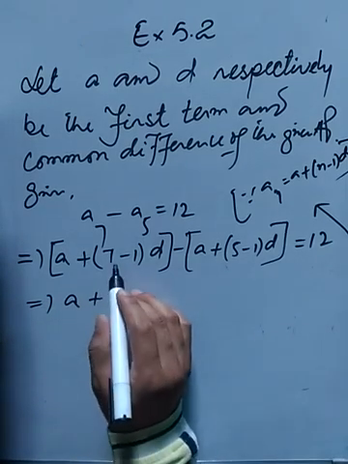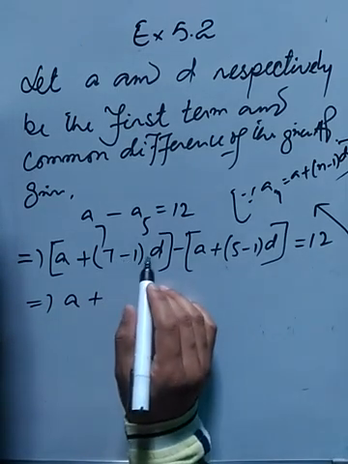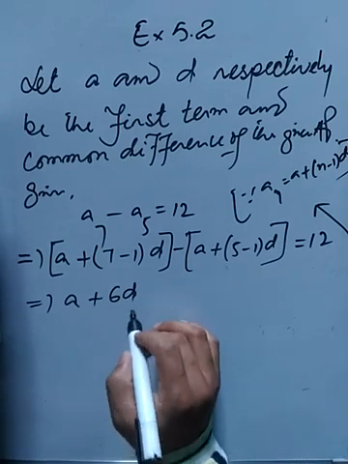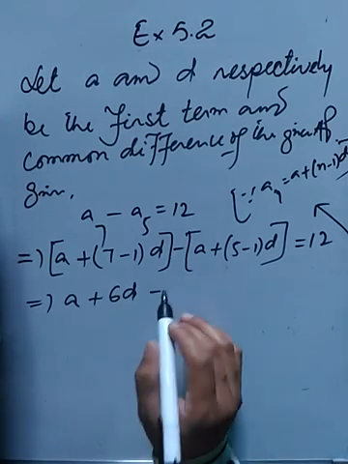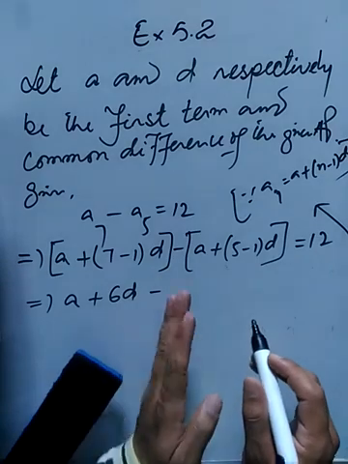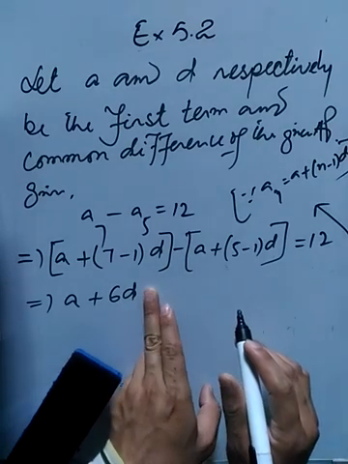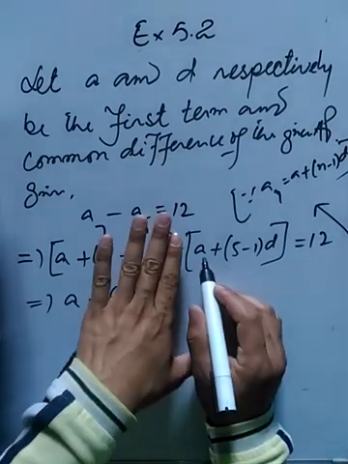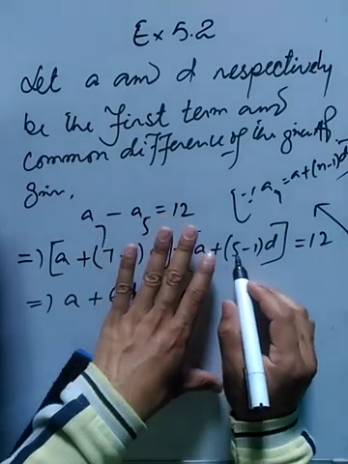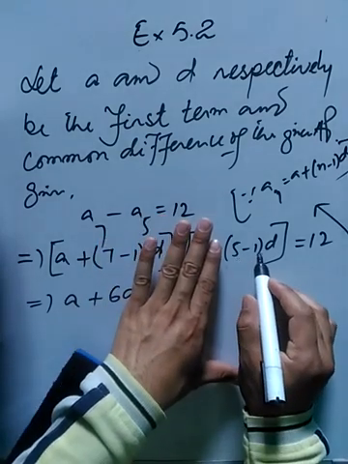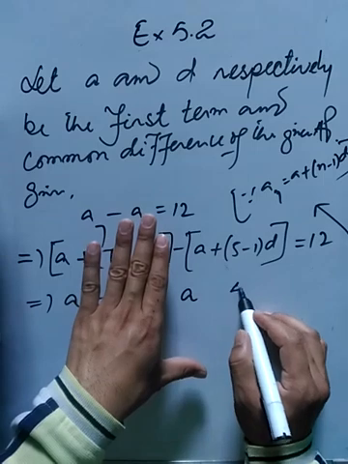A plus 7 minus 1 is 6, 6 into d is 6d. Forget about this minus for some time. Here will be a, and this 5 minus 1 is 4, 4 into d is 4d.